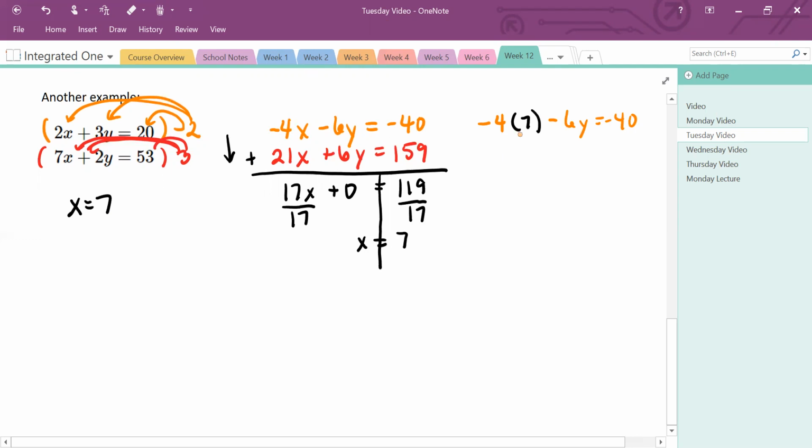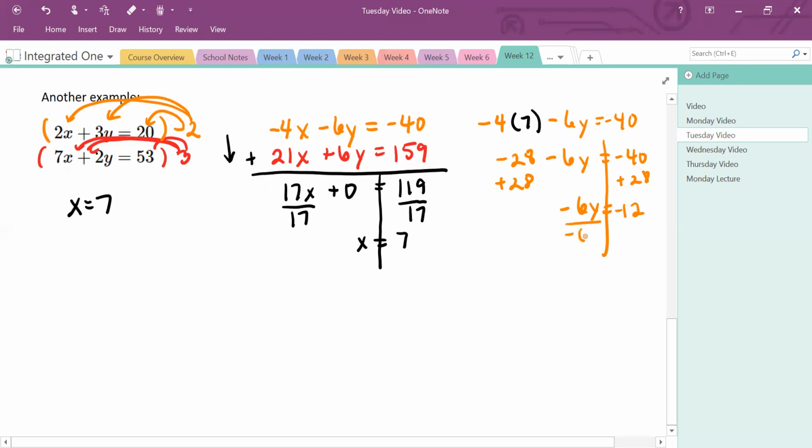Negative 4 times 7 is negative 28. Minus 6y is equal to negative 40. I'm going to add 28 to both sides, and I get negative 6y is equal to negative 12.